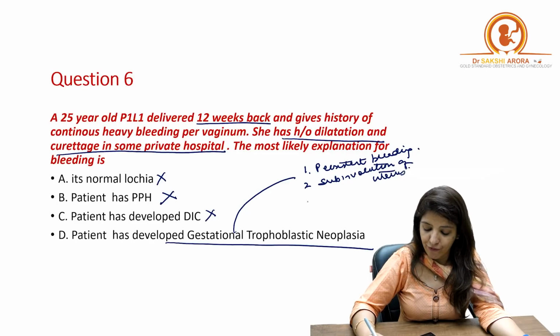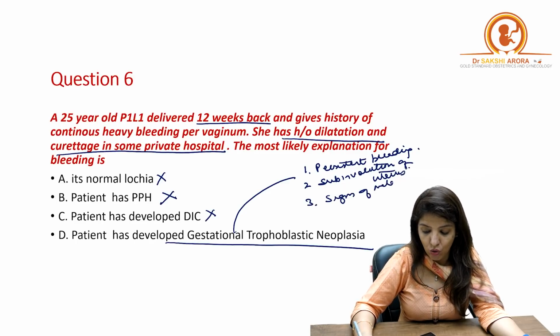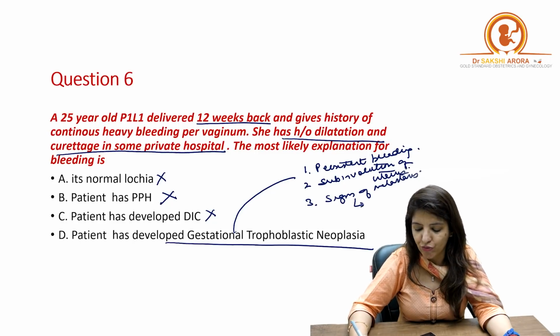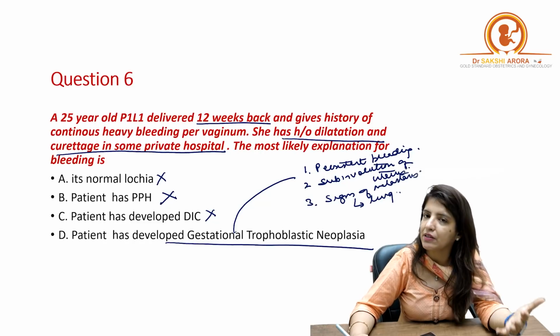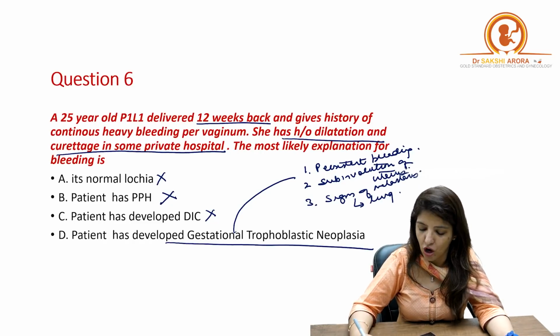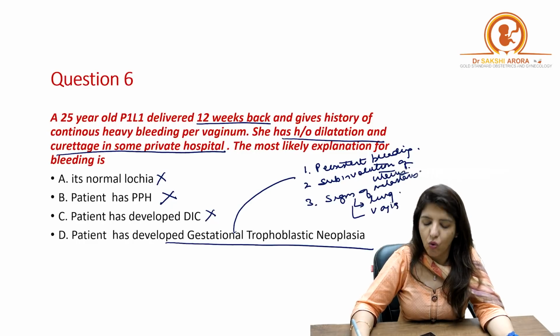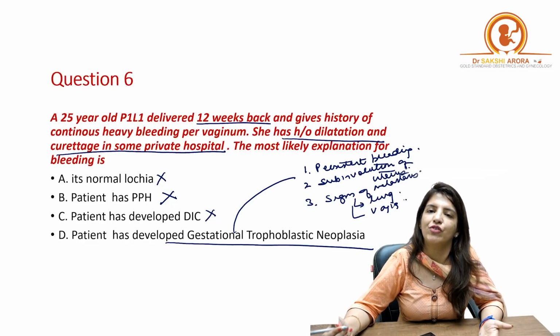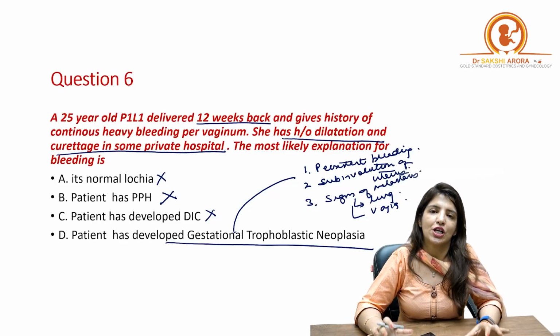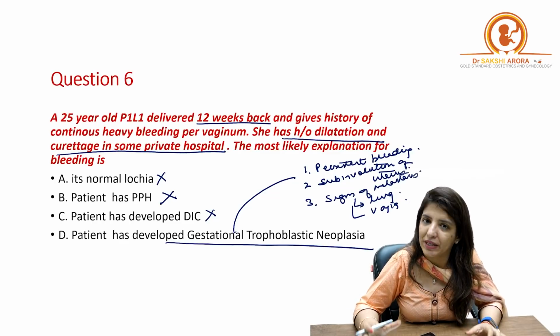Number 3, if there are signs of metastasis, and all of you know that in choriocarcinoma, the most common site of metastasis is lung. So either there are signs of lung metastasis, and the second most common site is vagina, or there are signs of vaginal metastasis. Then you should think about gestational trophoblastic neoplasias.